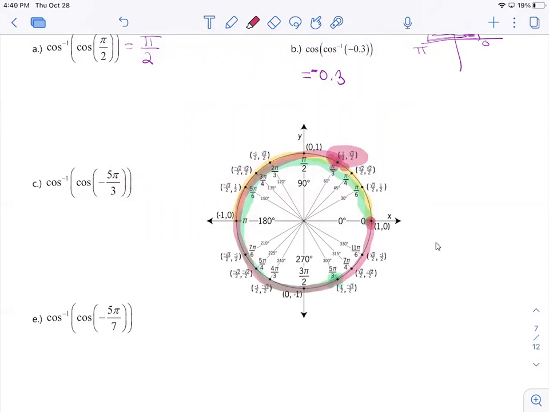I could say a different angle that would still give me the same exact answer. So instead of saying negative 5 pi over 3, what about just saying pi over 3? It puts me in the same spot and will give me the same value. I'm just manipulating it so it fits within the restriction.